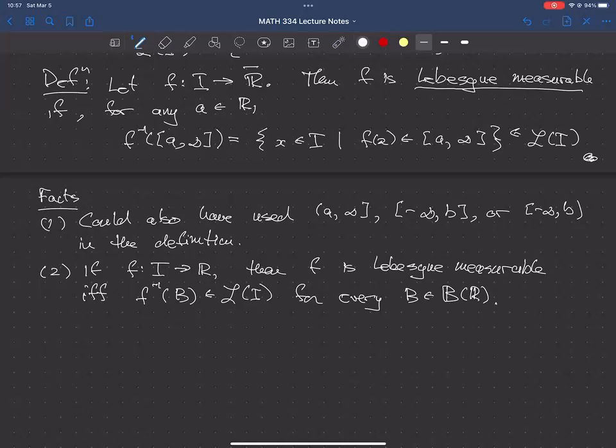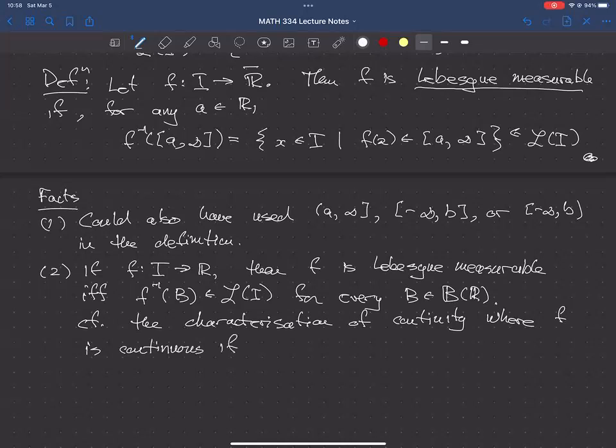The reason is, if we think about the characterizations of continuity, where f is continuous if the pre-image of every open set is open.